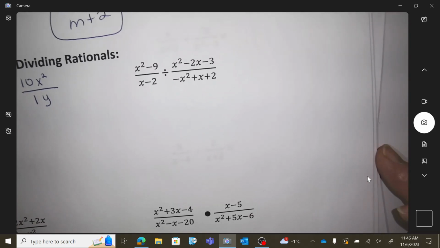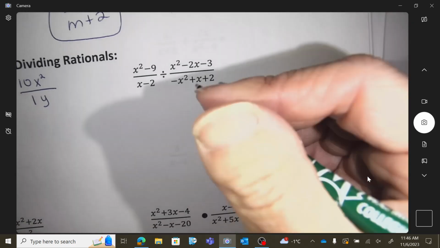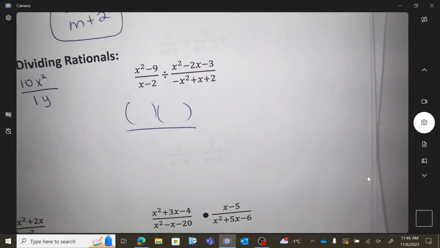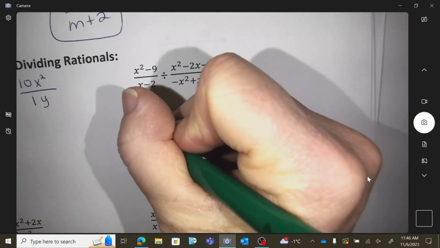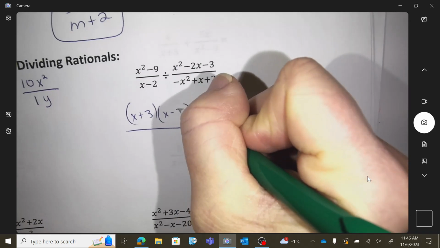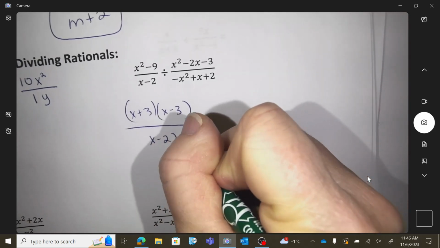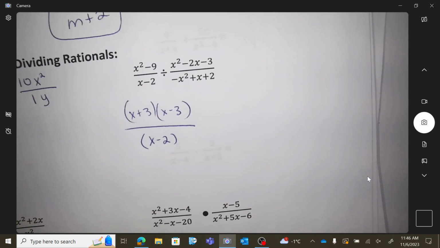Okay, number 2, factor, factor, factor. Here we go. Difference of squares with 9. Difference of squares with a 9. Okay, x minus 2, nothing to do with it. So it's just repeat.